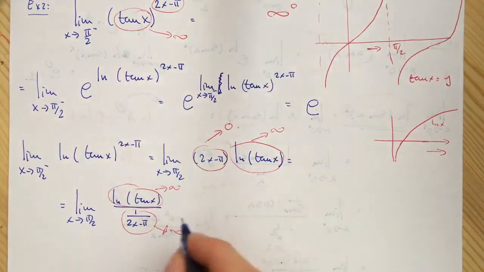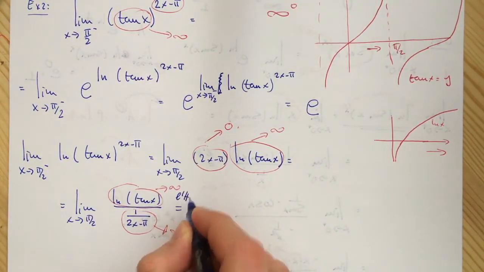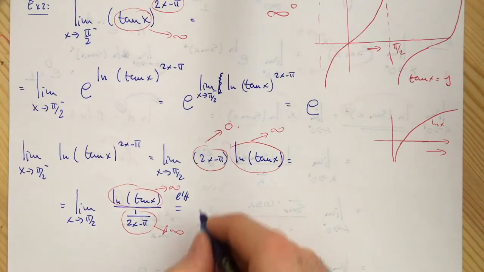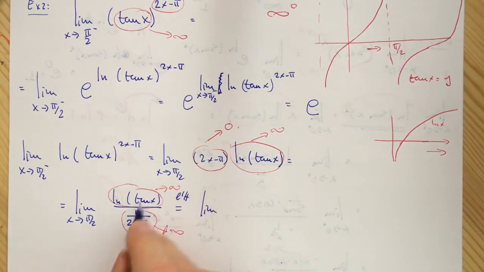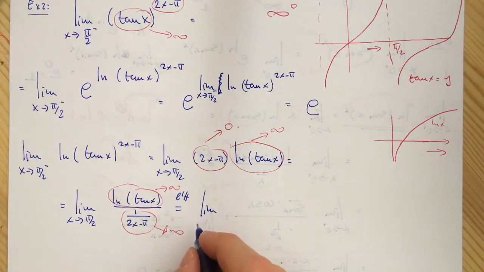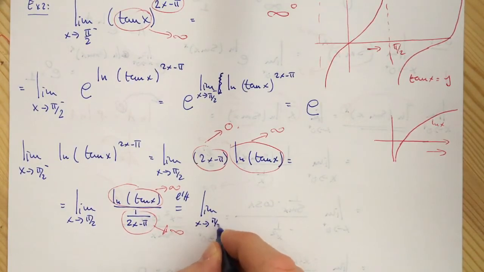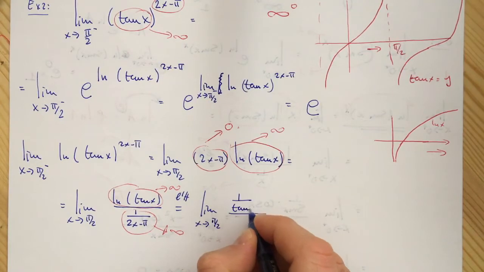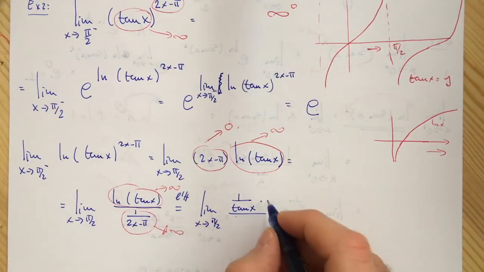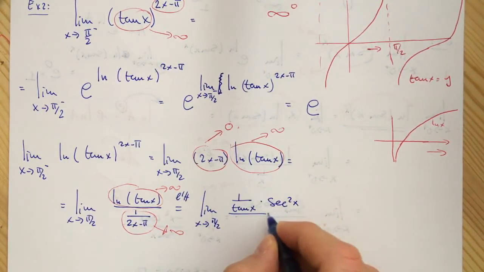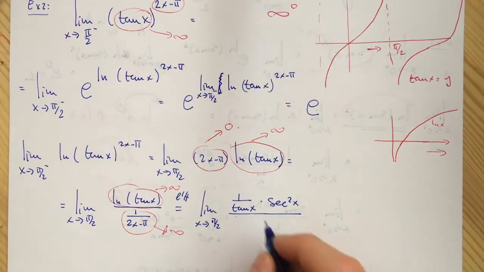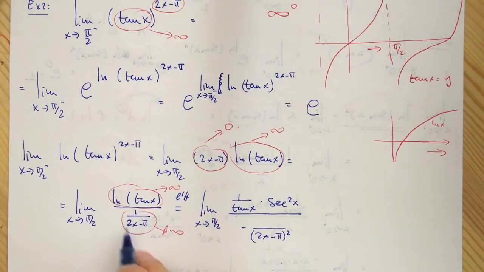And I have infinity over infinity, so we can apply L'Hopital's rule. Here be careful finding the derivative of the numerator. Don't forget the chain rule, so that's 1 over tangent of x times the derivative of tangent of x, which is secant squared of x, over negative 2x minus pi squared times the derivative of 2x minus pi, which is 2.